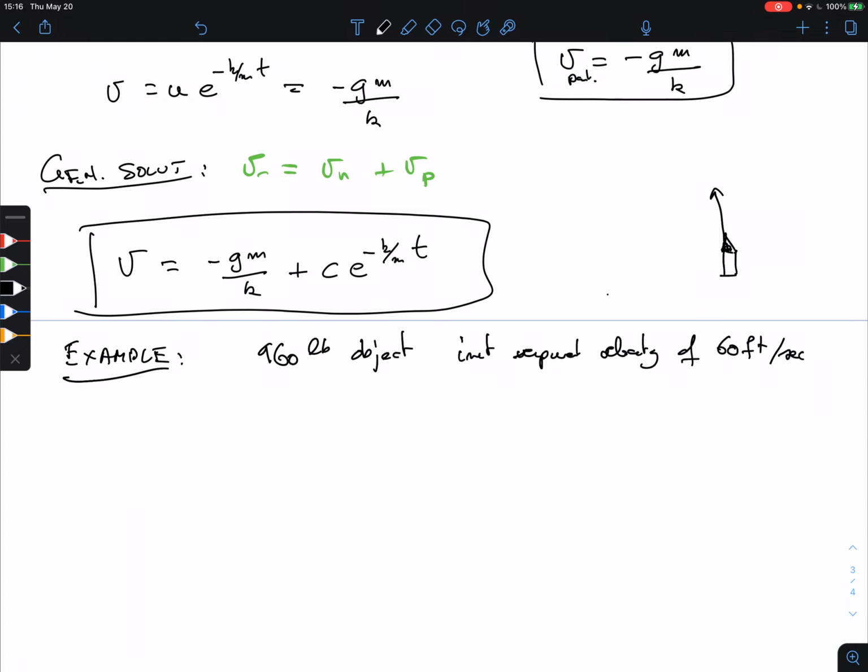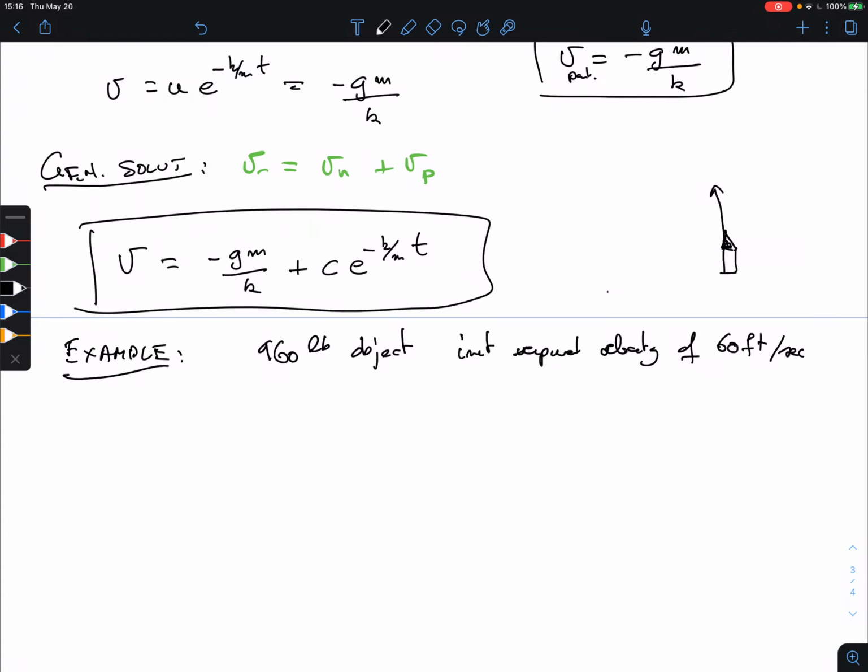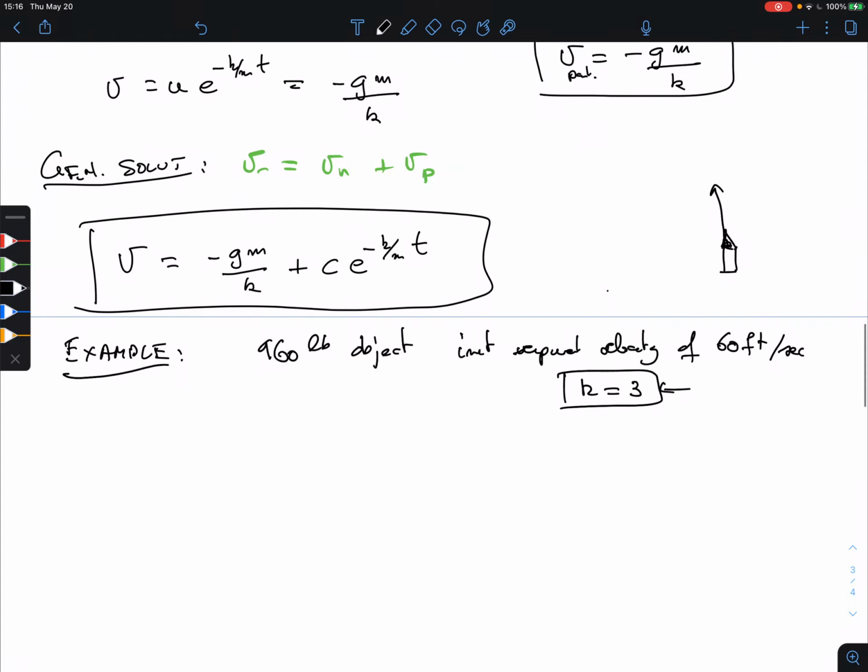And so let's say that k here is 3 pounds per feet per second. I'm not going to take the units. So the resistance constant is 3, right? And what else? That's it.